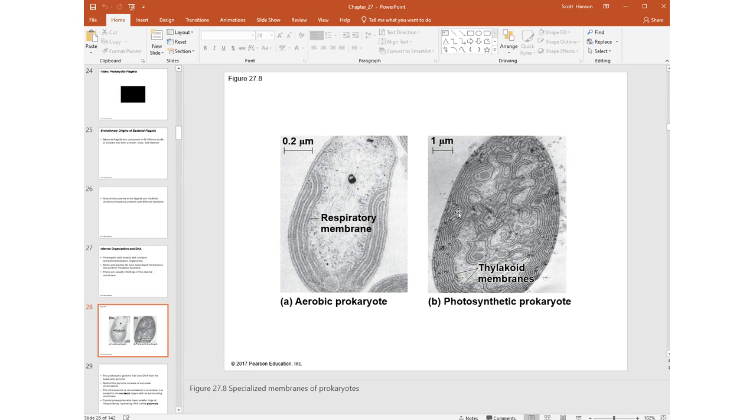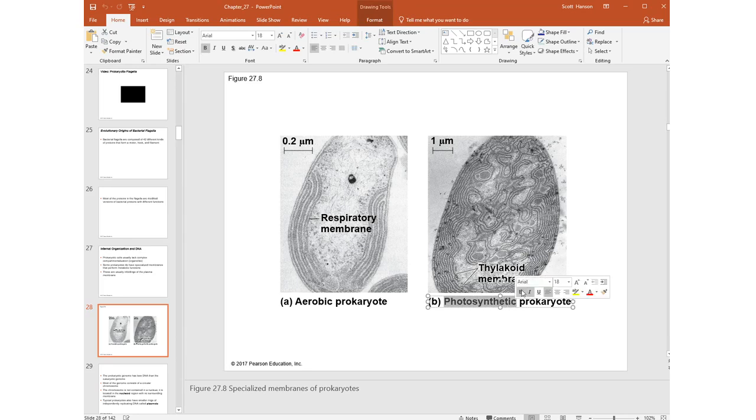Here you see thylakoid membranes. It looks almost like a topographical map, actually. Really interesting structures, these thylakoid membranes inside this photosynthetic prokaryote.